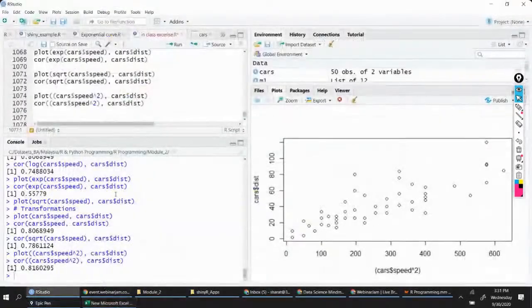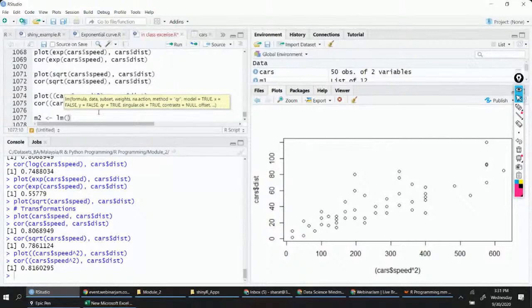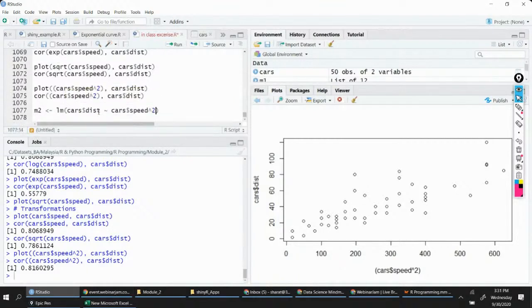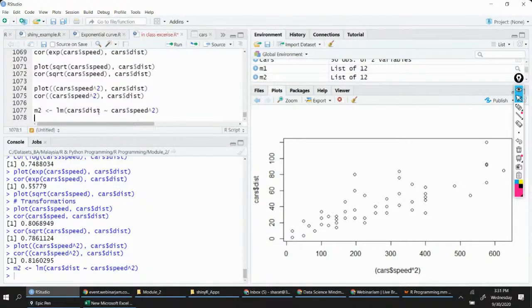And let us now develop a model. All you're doing is just changing your input by doing square, while y will be as is. That's it. You develop the model, M2. Now let's do summary of M2.